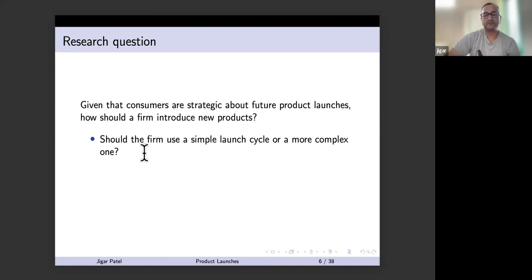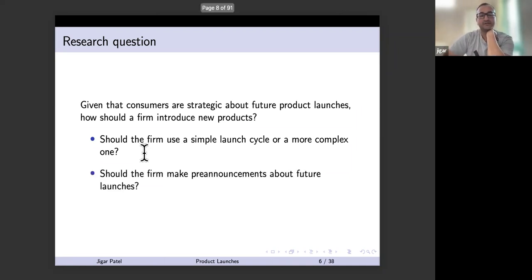Is it a simple policy, or a complex policy? What type of policy? We answer this question: what is the optimal launch policy in this infinite horizon problem? What's the optimal launch policy under two information structures?